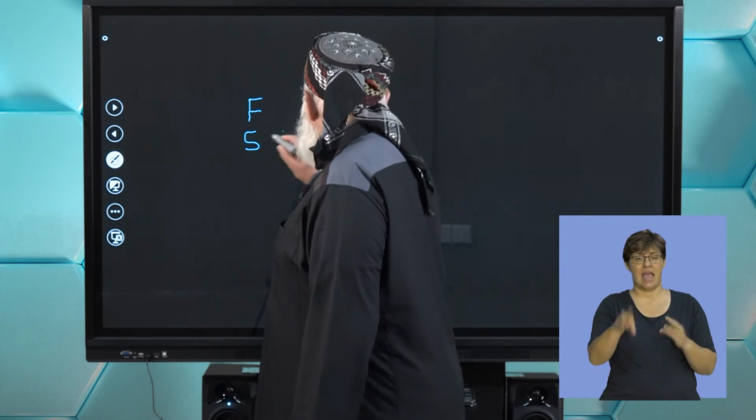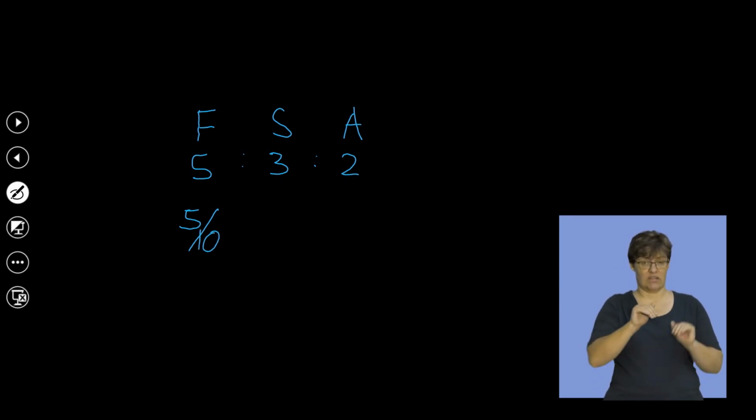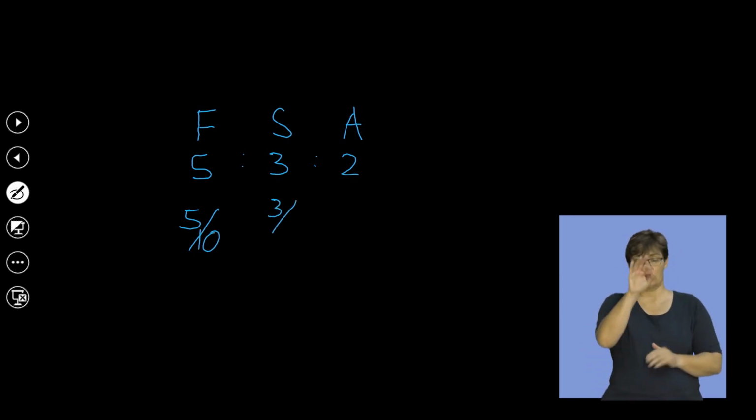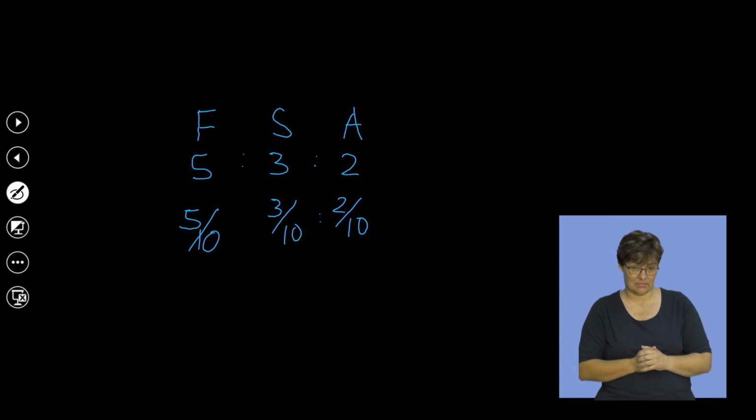Okay, what do we do here? The most important thing for you to do here is to add. 5 plus 3 is 8 plus 2 is equal to 10. So 5/10 will be for the factory, 3/10 will be for the showroom, and 2/10 would be for your admin section.